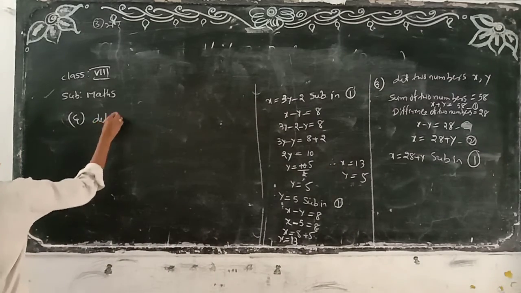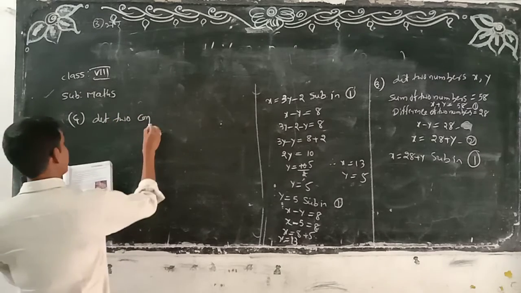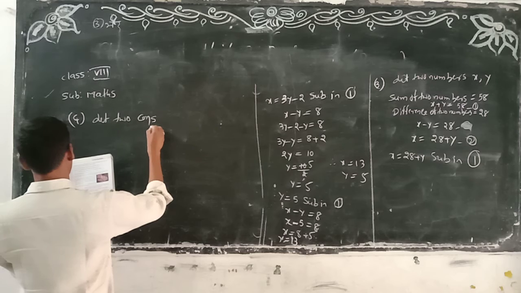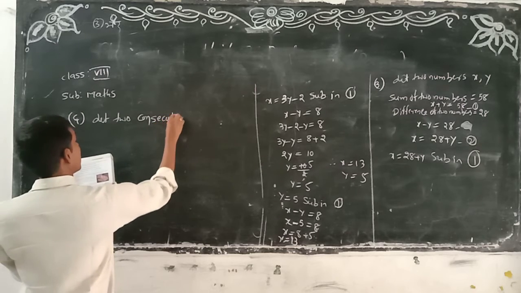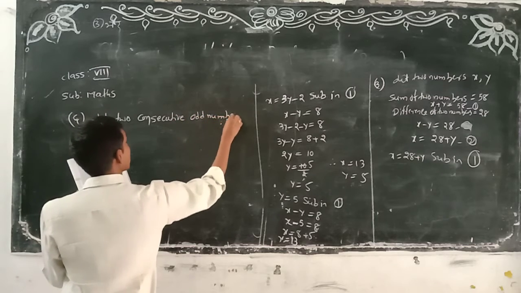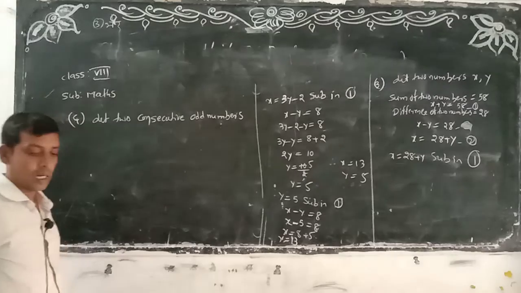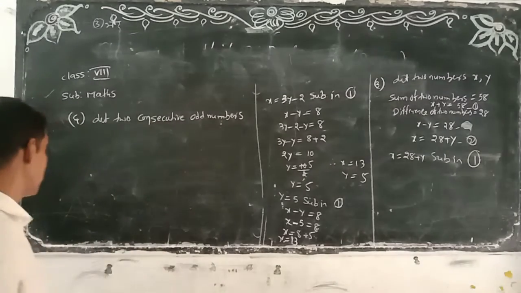Let the two consecutive odd numbers be x and x plus 2. Sir, how do we know the consecutive odd numbers? Look here.